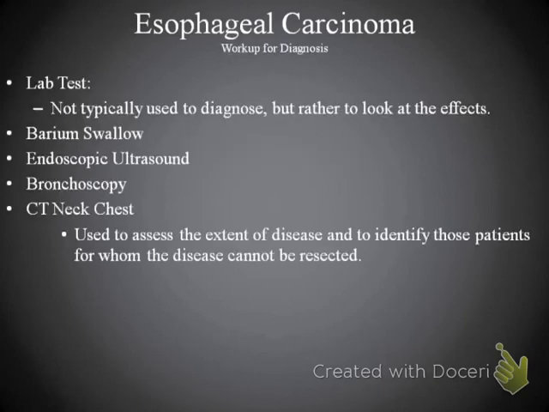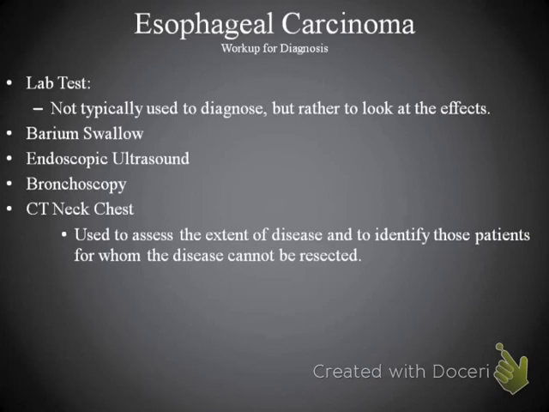So the workup for diagnosis. Lab tests are not typically used to diagnose, but rather to look at the effects of esophageal carcinoma. We can do a barium swallow, and typically this is very good to really distinguish what is going on. An endoscopic ultrasound, bronchoscopy, and then a CT of the neck and chest.